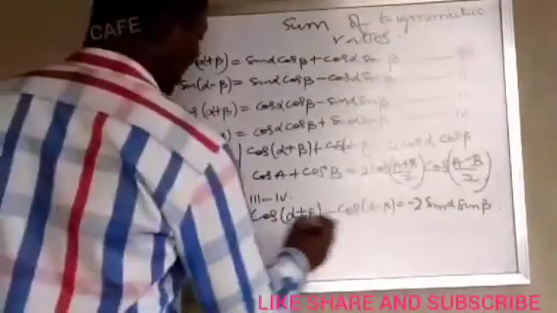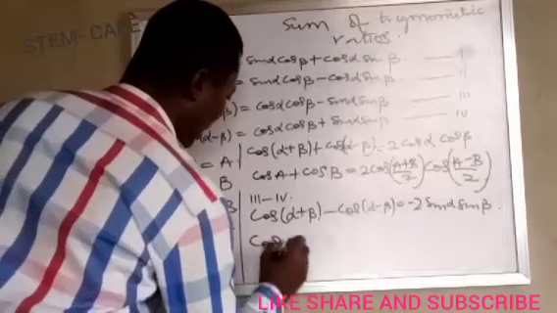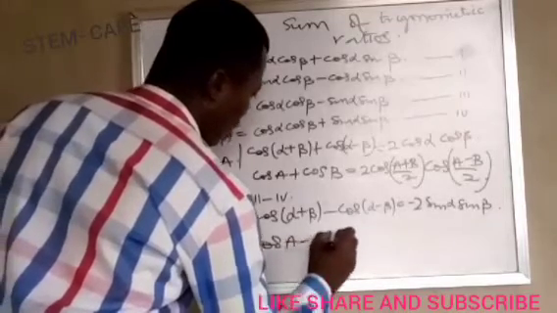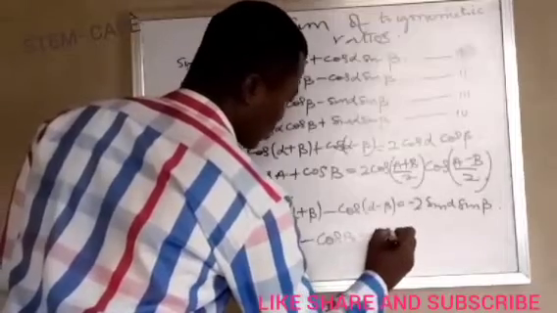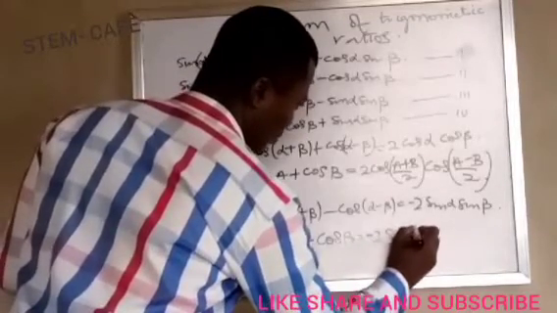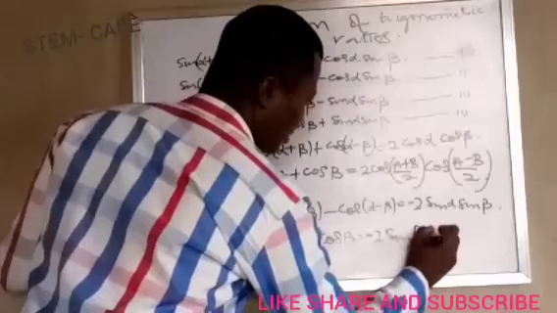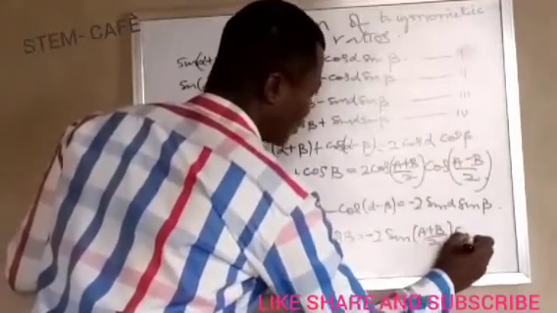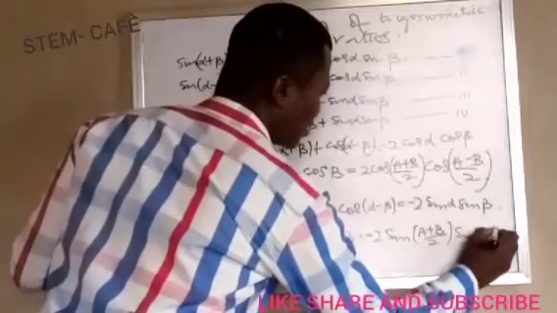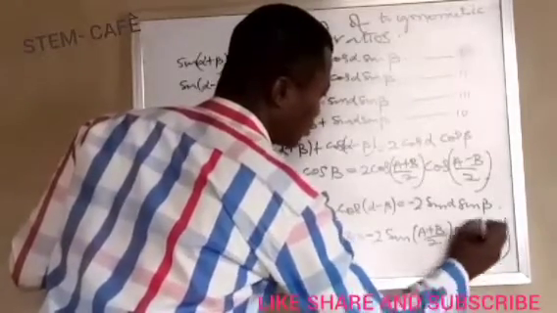So this will give me cos A minus cos B is equal to minus 2 sin (A plus B) over 2 sin (A minus B) over 2.